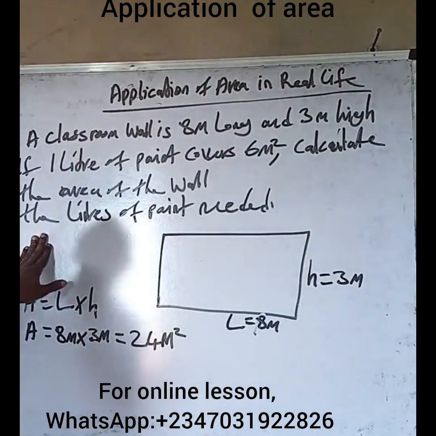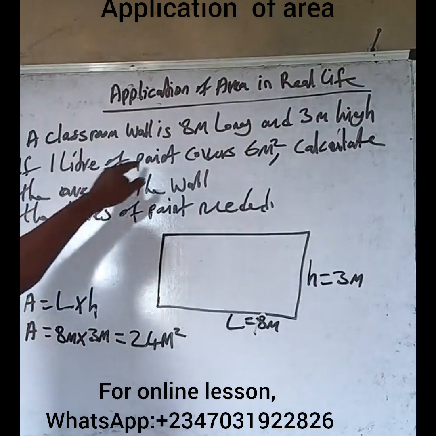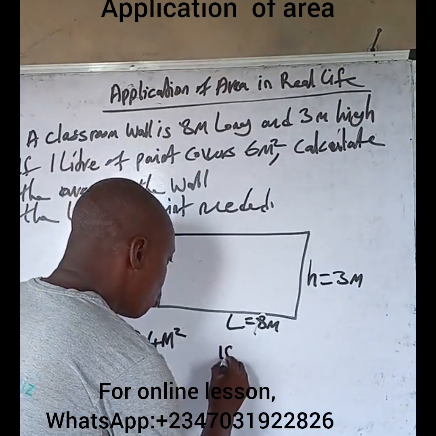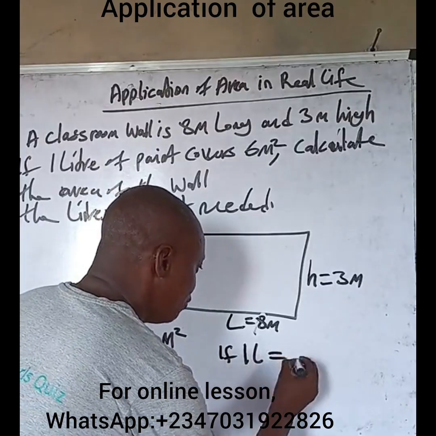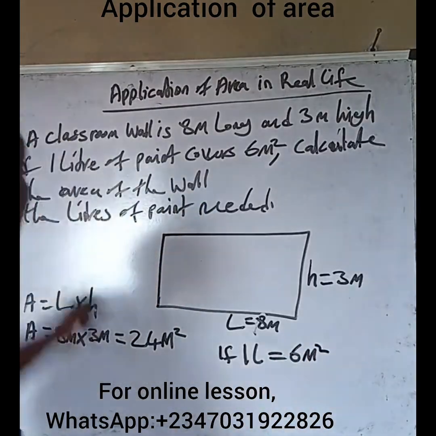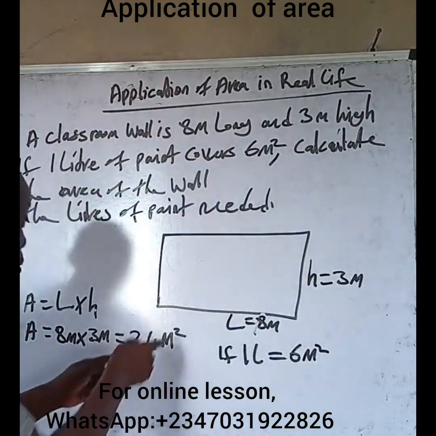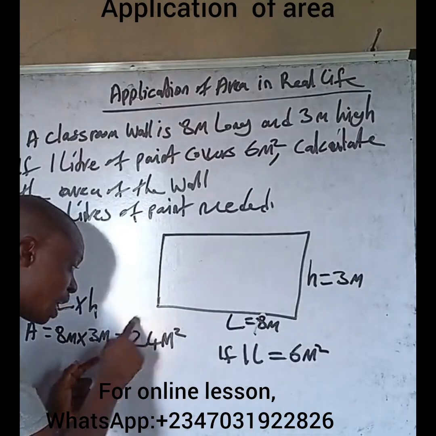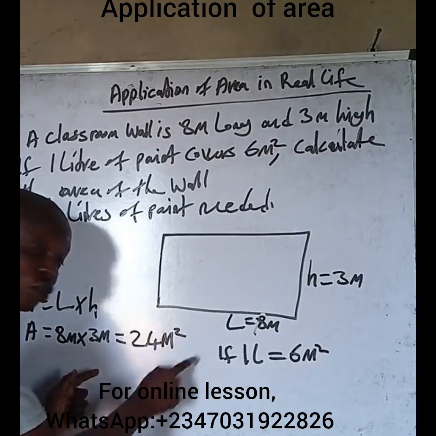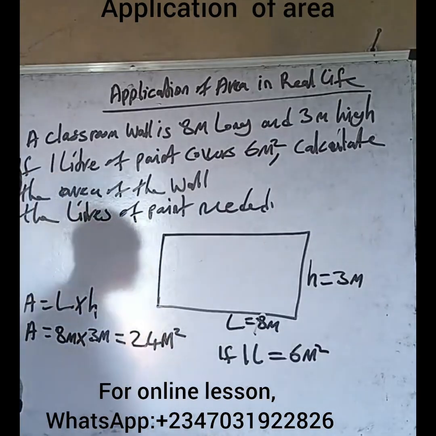Now the next is that we are to find the liters of paint needed. We are told that 1 liter of paint covers 6 square meters. They are asking how many liters will cover this 24 square meters, because the entire area of the classroom is 24 square meters.